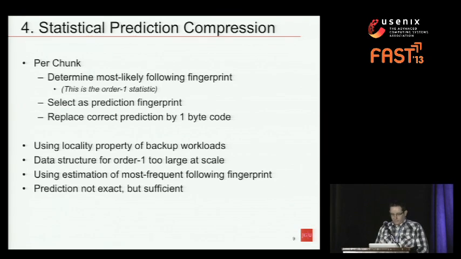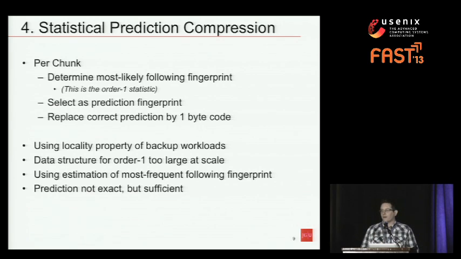The fourth and last approach assumes a different statistical model. Here we are not looking at the probability of a chunk in isolation, but we look at the context of the chunk. Per chunk, we determine the most likely following fingerprint in the system. This is also called order 1 statistic in compression.